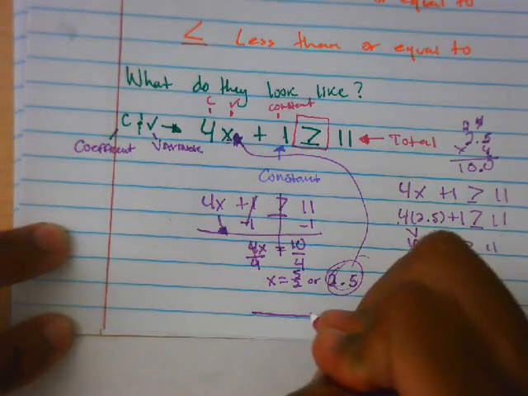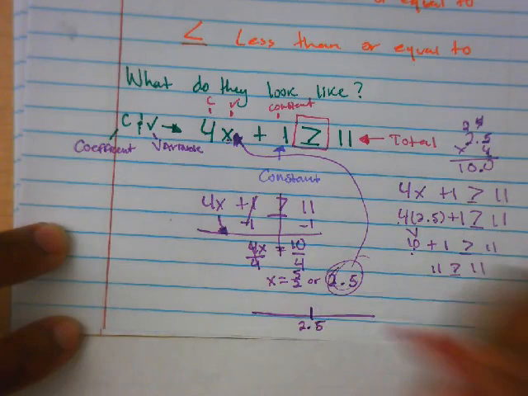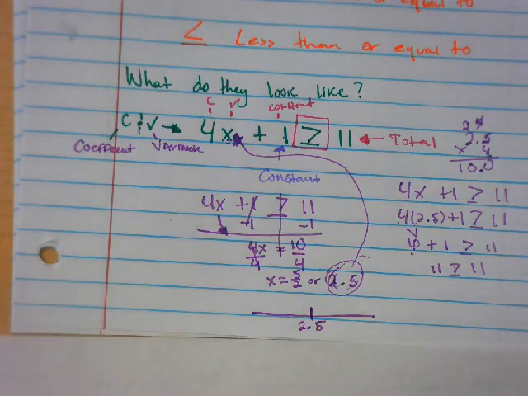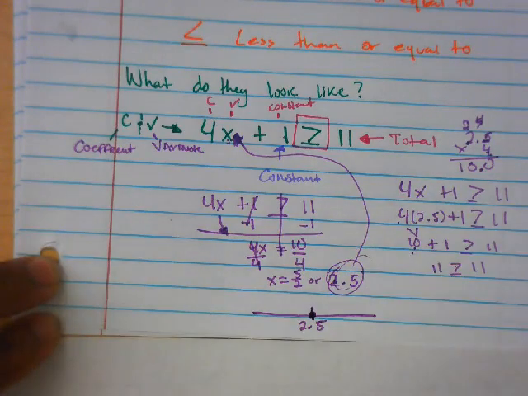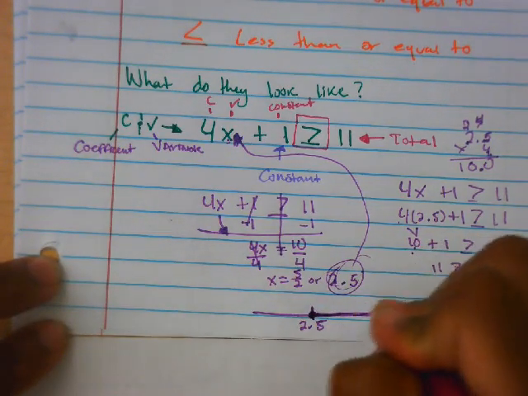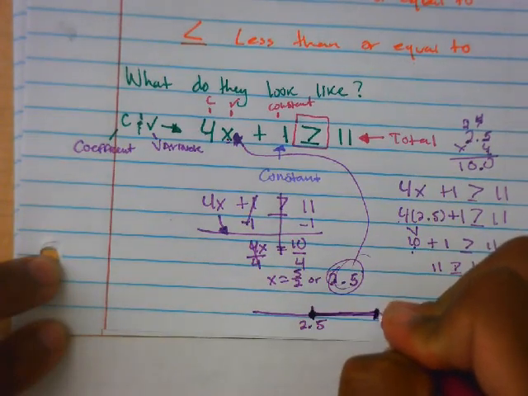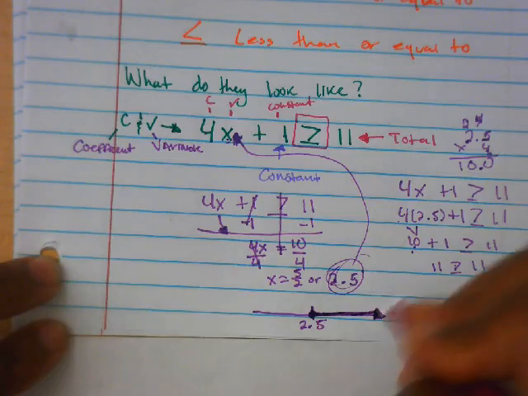So what we do is we put this number, 2.5, on the number line, and then we say that any number greater than 2.5 is a possible solution.